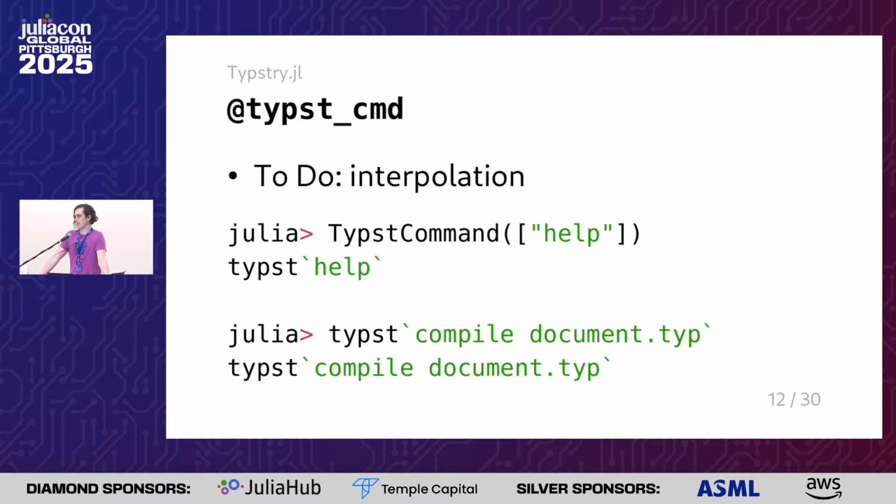It's a bit primitive at the moment in that it doesn't have interpolation. Julia's command interpolation rules are a bit different than the string interpolation rules, and I haven't learned what those are yet. So that is another to-do. We'd like to implement that, make it easier to use these command macros.